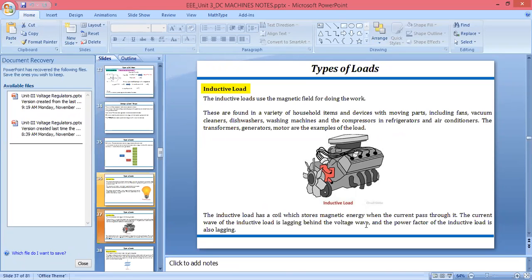So, as current is lagging behind the voltage, obviously power is nothing but V into I. So as their relation is, the power will be the same. So the power factor of the inductive load will also have a lag value with respect to the input, because when we are using an inductive device as a load, the current lags behind the voltage. So the power factor will also be lagging.